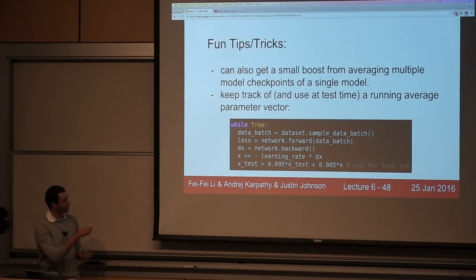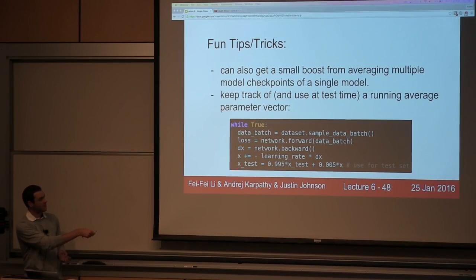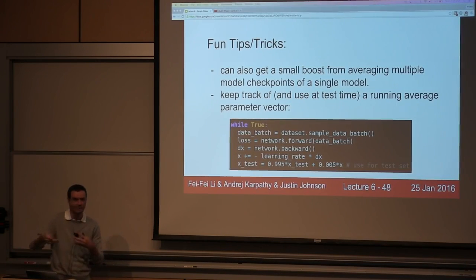Related to that, there's a trick for test time. This is the 4 steps that we've seen before, but I'm keeping another set of parameters here, x test. This x test is a running sum, exponentially decaying, of my actual parameter vector x. When I use x test on validation or test data, it almost always performs slightly better than using x alone. This is kind of like a small weighted ensemble of the previous few parameter vectors.